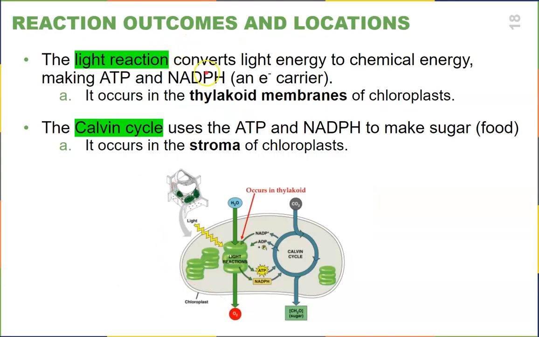All right, so the light reaction converts light energy to chemical energy. Let's break that statement down because that might confuse you. Light energy, which is coming from the sun, is going to be converted into chemical energy, which is ATP and NADPH. So these are chemicals, right? They're molecules, so they're chemicals. So we're taking energy from the sun and making reduced molecules.